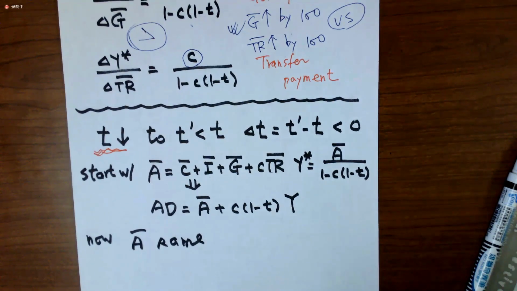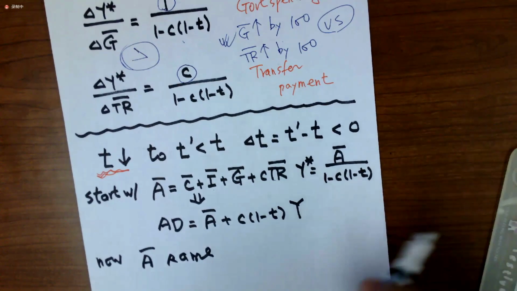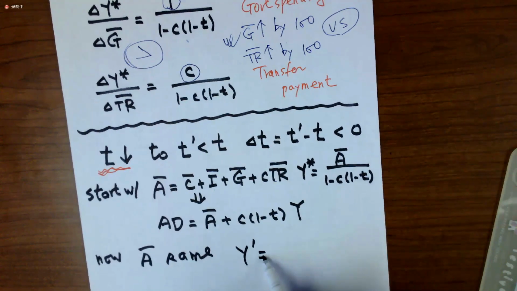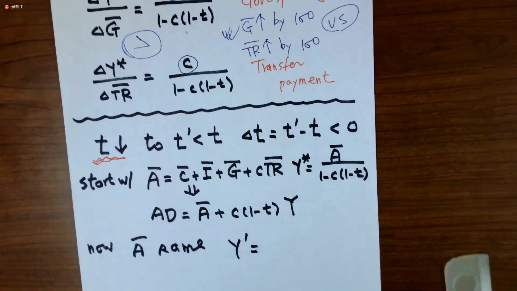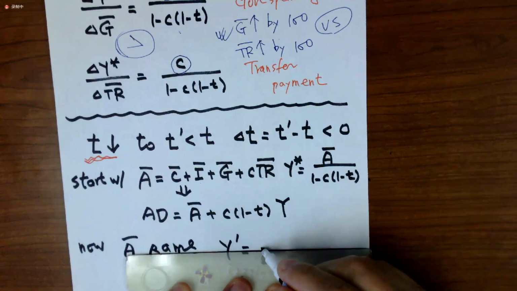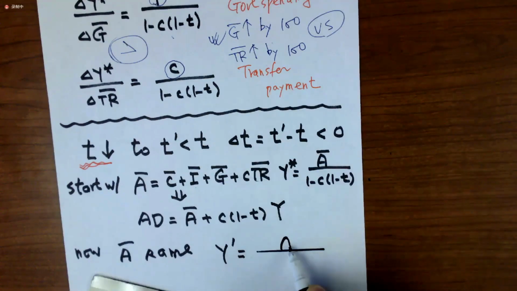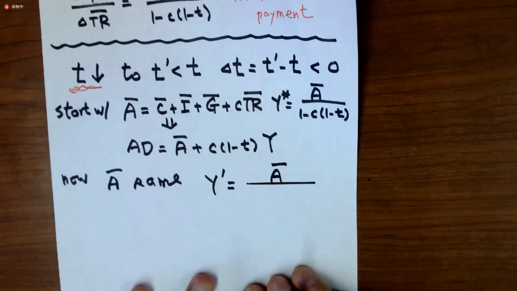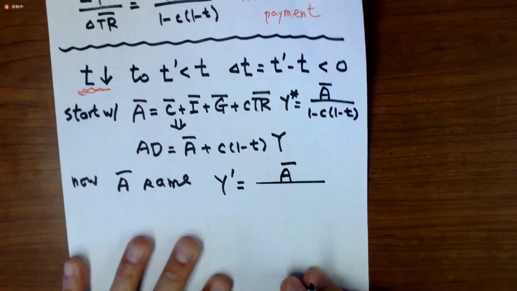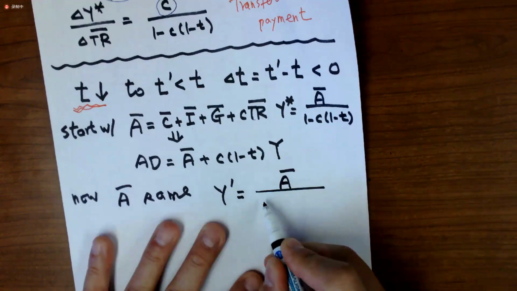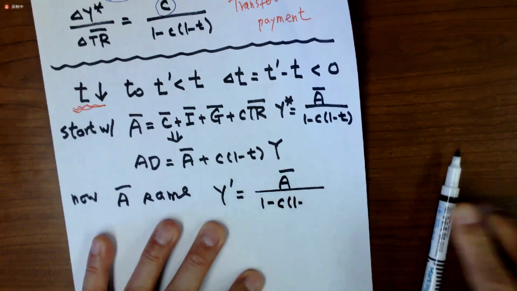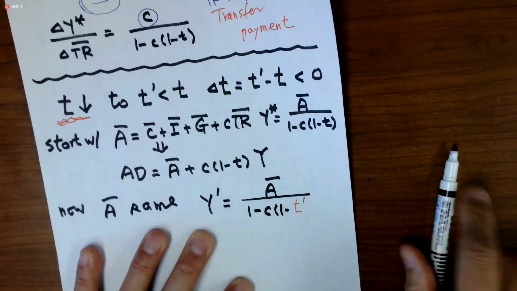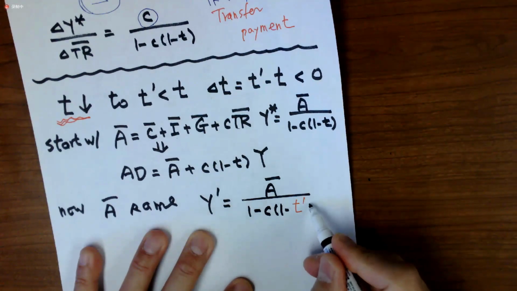And then you say, oh, very good, but now my Y prime, because the A bar doesn't change, my numerator remains to be A bar, correct? Yes. But now my denominator becomes 1 minus C, 1 minus T prime.